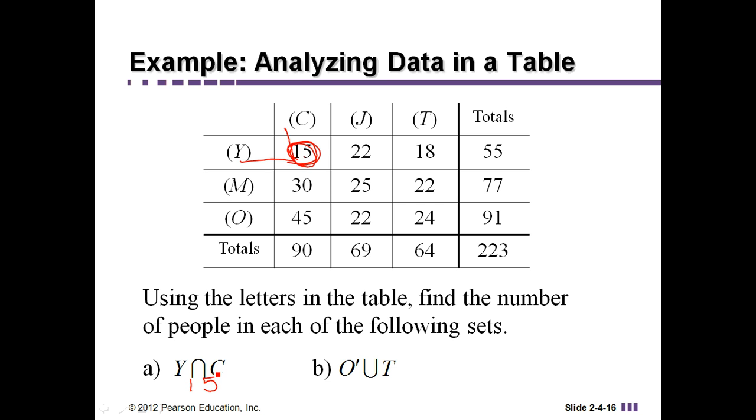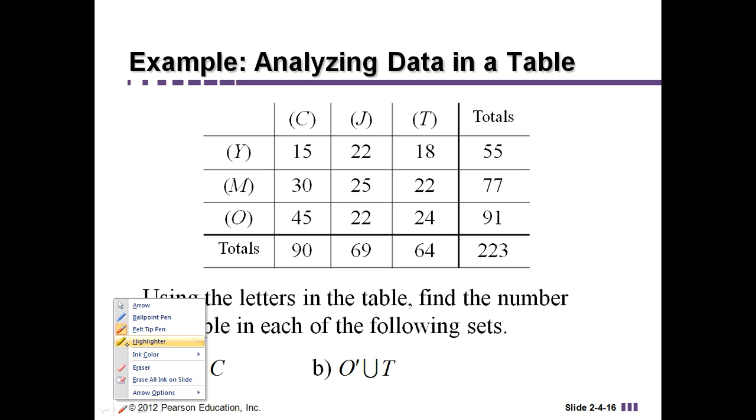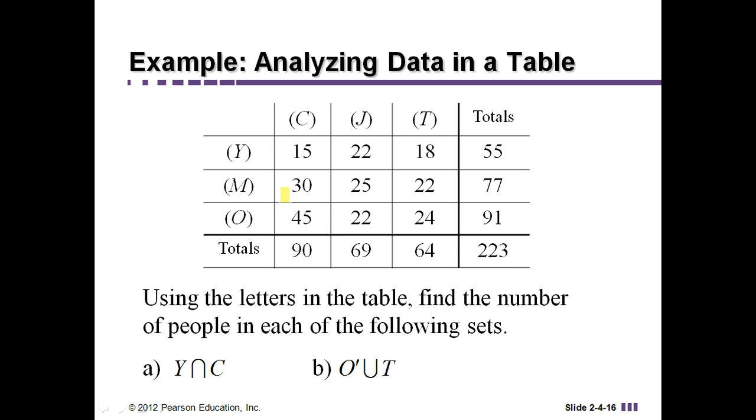Okay, so let's look at this next one. The complement of O means all of the things that are not in O. So all of the things that are not in O would be all of this stuff up here, that whole row and that whole row.